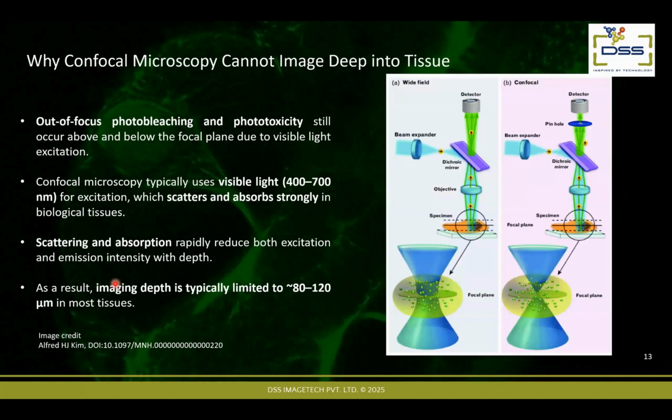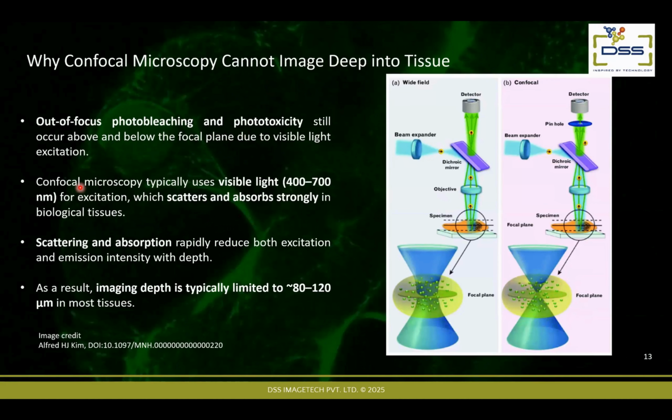But the problem again is that just like wide field microscopy, here in confocal microscopy, even though we collect light only from one optical section, we are not preventing the illumination of the entire sample. So here also the entire sample is illuminated, and that is why this also results in photobleaching and phototoxicity in the entire sample.